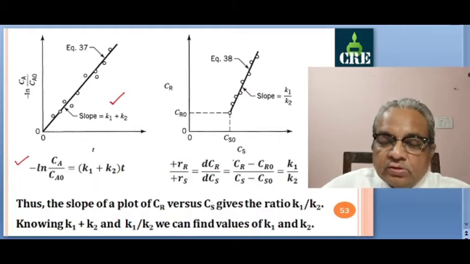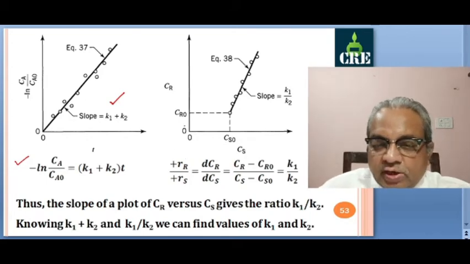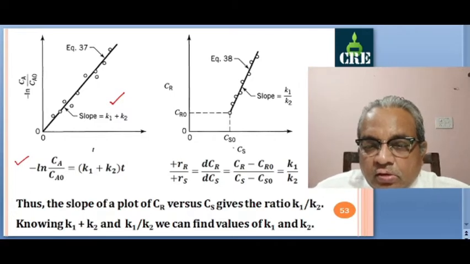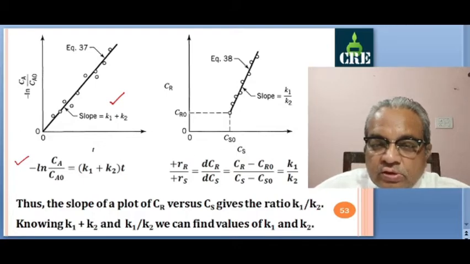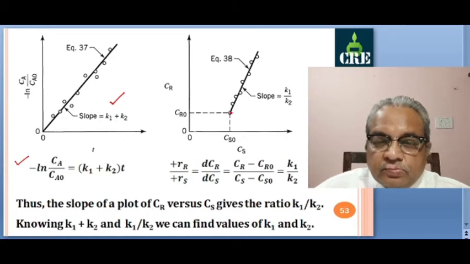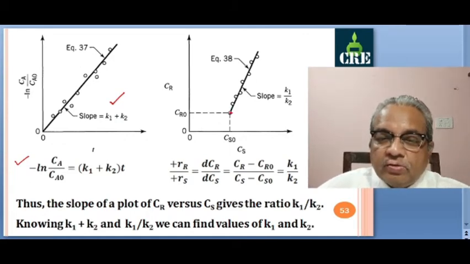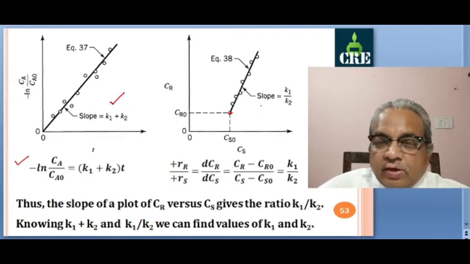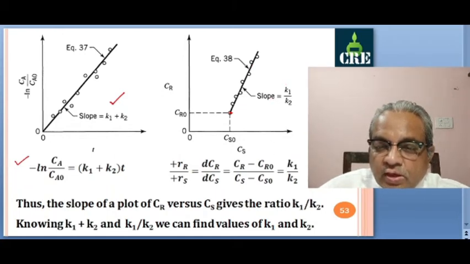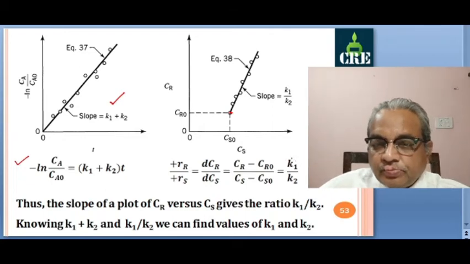If you plot this, say y2 minus y1 is equal to m into x2 minus x1, y is in the form of a straight line. So this Ca0 and Cr0, this point you will get, and from here you can draw the best fit line, and you will get some slope here, and this slope is nothing but K1 by K2.